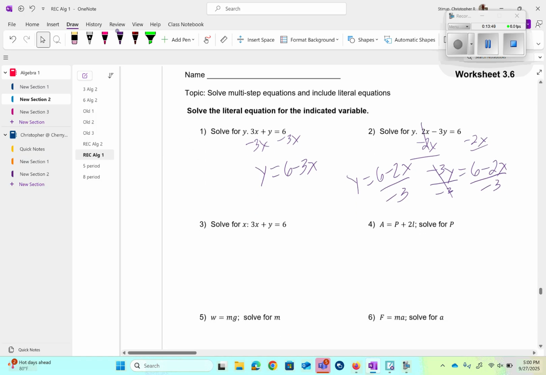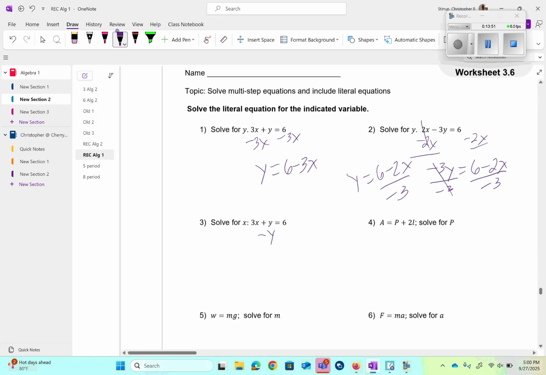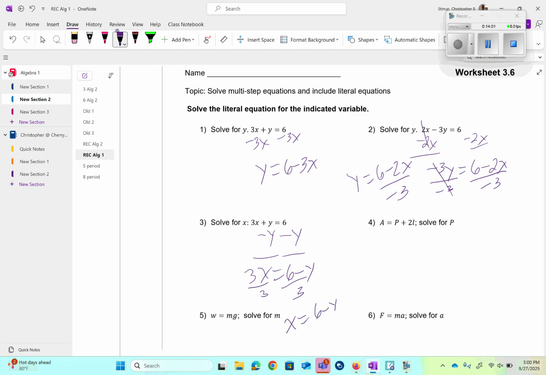For problem number 3, it says solve for x, so we want x by itself on this one. I'm going to subtract y from both sides. Divide both sides by 3. It's done. Number 4, we want to get p all by itself, so I'm going to subtract 2l from both sides.